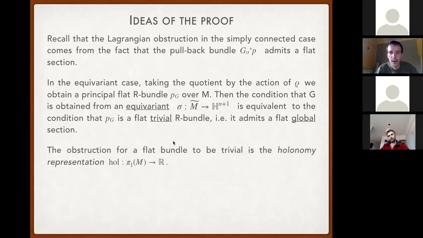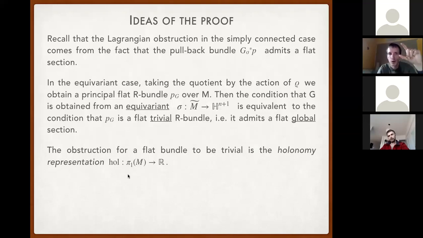And it's well known that in the theory of flat bundles, the obstruction for a flat bundle over a certain manifold to be trivial is the holonomy representation. You take an element of the π1, so you take a path in your base manifold, you take a flat section piece by piece over your loop downstairs, but when you come back to the original point, over the original point, you are in a different place in the fiber.